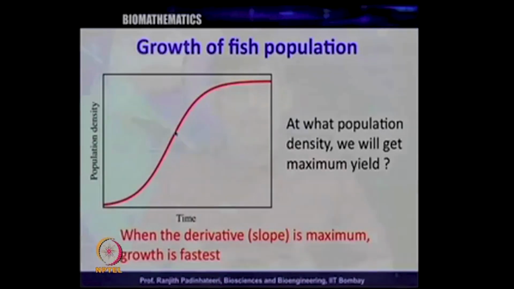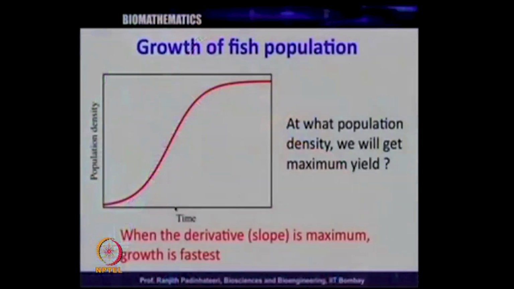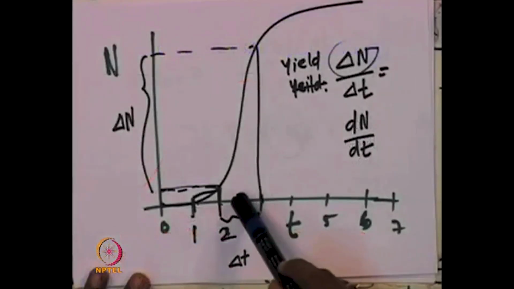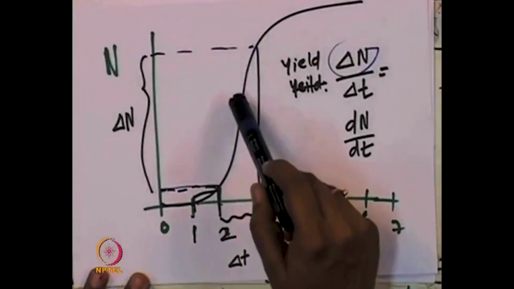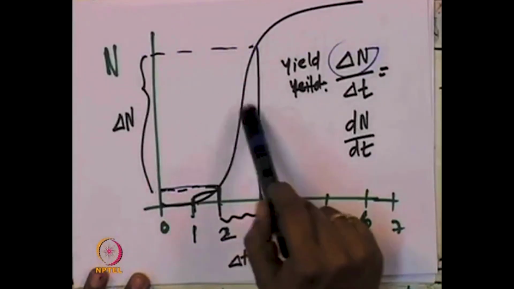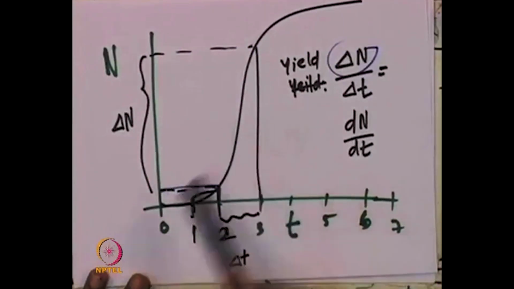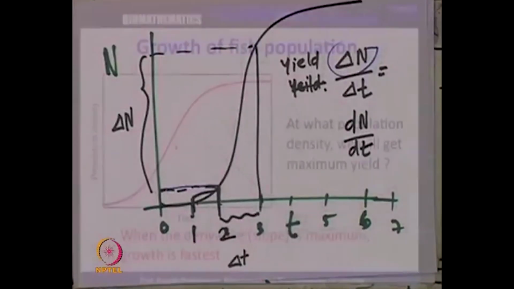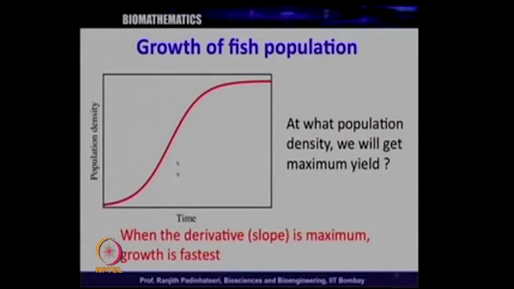So this idea of derivative essentially helped us to understand where, at what time, you get the maximum yield. Here, after the second day, you get the maximum yield in this graph. Here also, somewhere here, you will get the maximum yield.